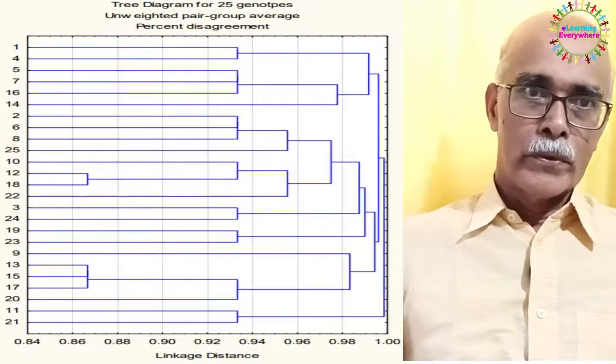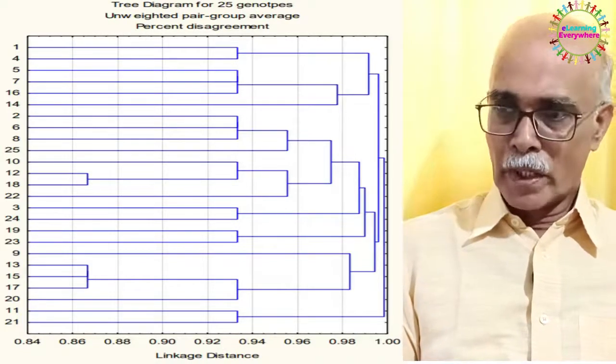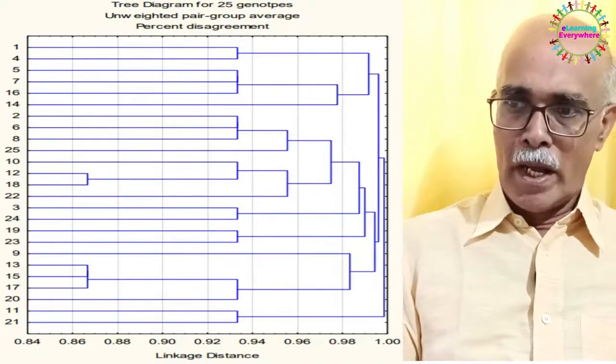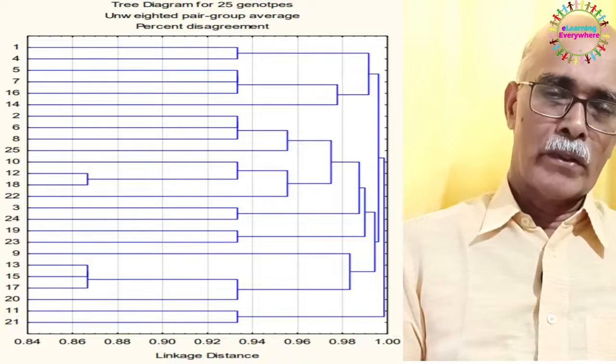It is presented here, and it is the result of cluster analysis in 25 genotypes using the UPGMA method.